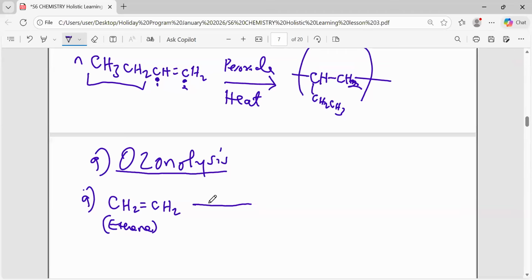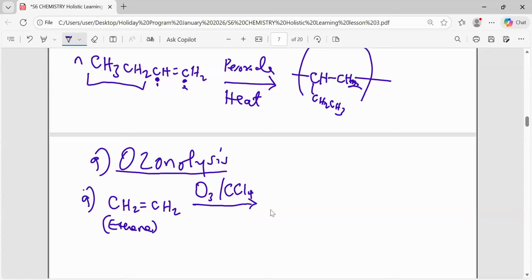Yes, carbon tetrachloride. What do we form? So we form an aldehyde. The terminal bonds form an aldehyde.